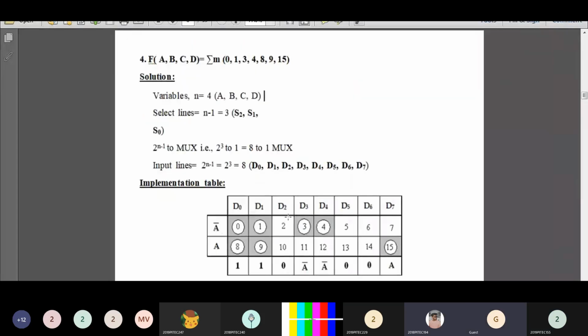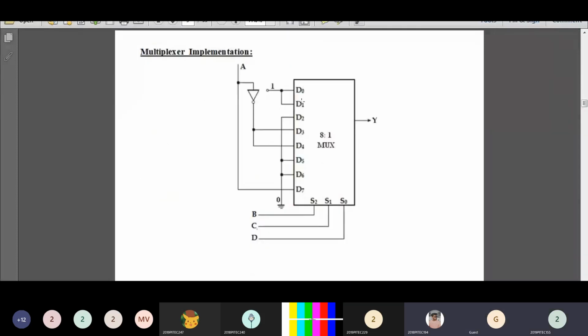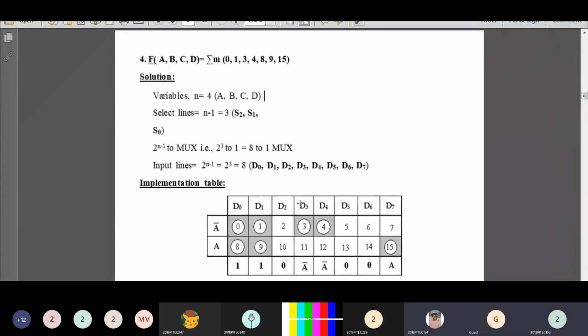Look at the value of D0 and D1. The value of D0 is 1 and the value of D1 is also 1. So the inputs D0 and D1 should be connected to 1. Next, see the value of D3 and D4, which are A bar.